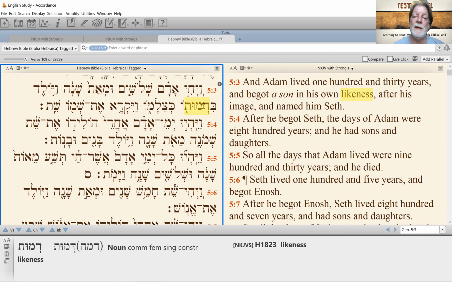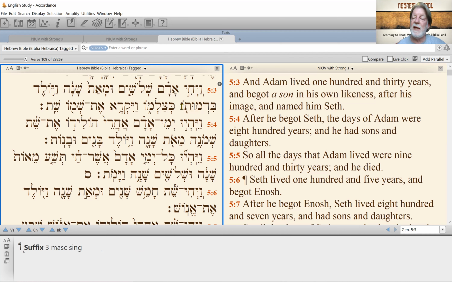Bid'muto. Demut is the Hebrew word for likeness. So God created Adam in his likeness, but when Adam had a kid, the kid was created in his likeness, the Holam Vav ending. Now the Holam Vav ending is a shortened form of Oto, Aleph, Tav, Holam Vav, Oto, and it means him.